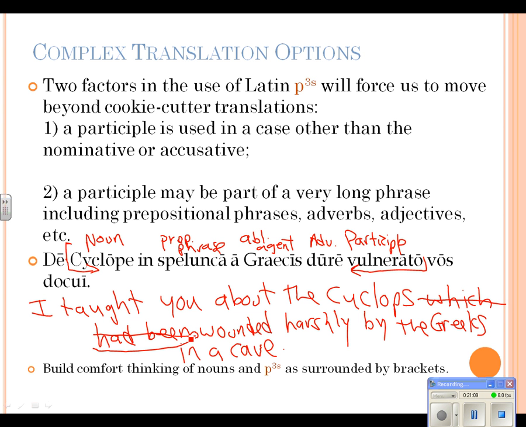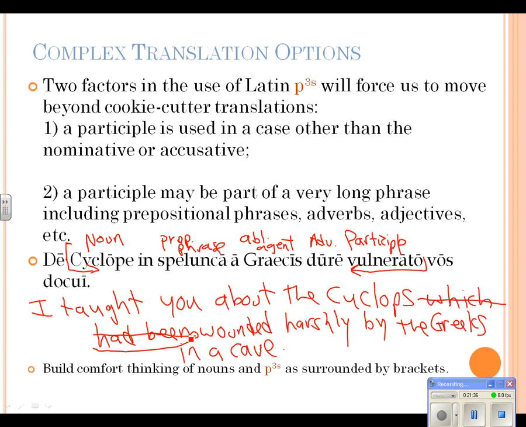Yes. Charles. You could. I mean, what I'd prefer is that you use a relative clause and then it's all good. In other words, if which had been wounded harshly by the Greeks in a cave is there, to me there's no confusion about what happened in the cave.